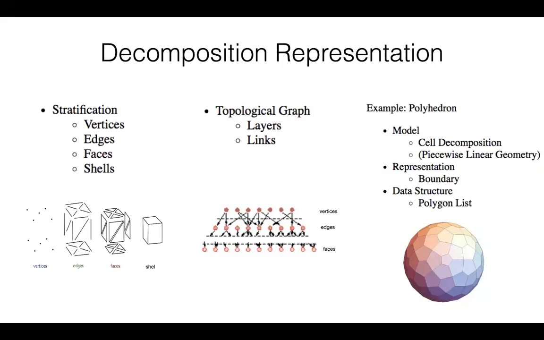And so in that sense, we have a topological graph that has layers that correspond to topological elements in a hierarchy. You know, the topological dimensions 0, 1, 2, 3. And then we construct this using this stratification.